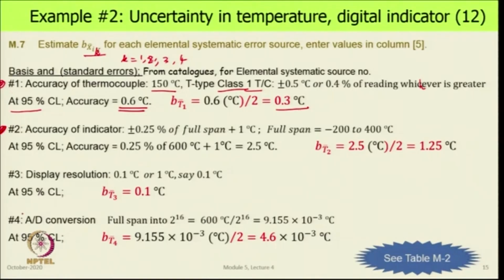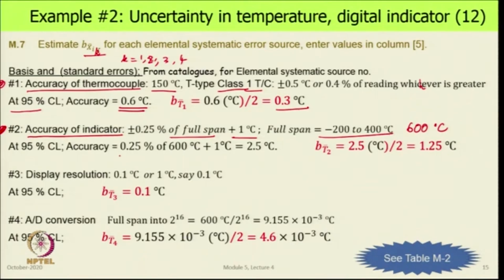Now, look at number 2. This is accuracy of the indicator. The first one was accuracy of the thermocouple. And from one of those earlier catalogs, we decided let us take this particular indicator and see what it has got. It says plus minus 0.25% of full span plus 1 degree Celsius. And we saw that the full span was minus 20 to 400 degrees Celsius, which is 600 degrees Celsius.